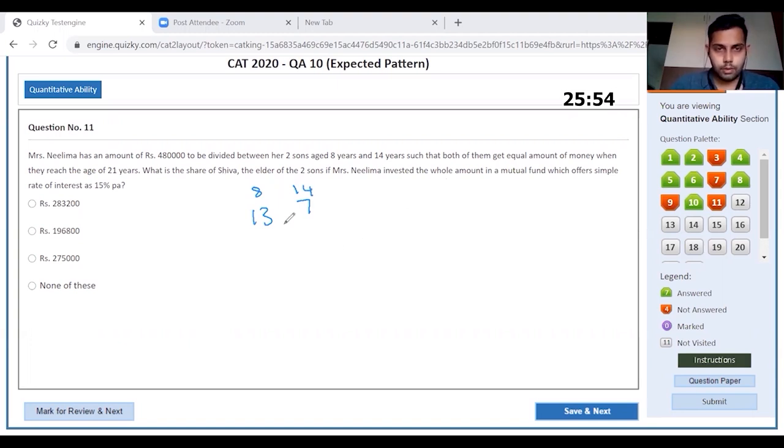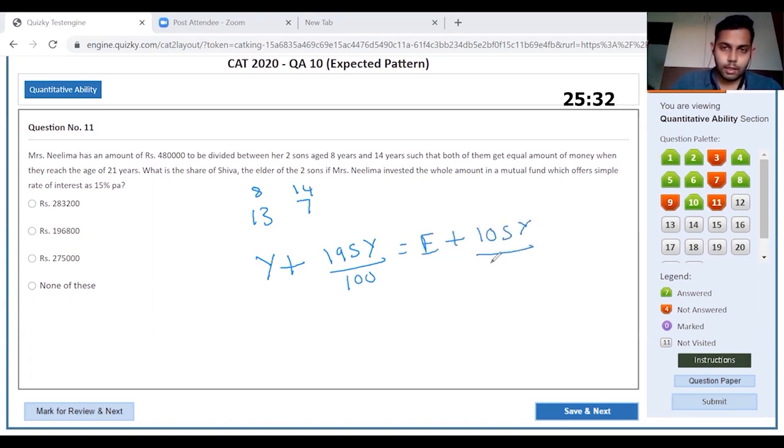Simple interest. Okay. So let's just do younger plus 13 into 15 is 195 times the principal upon 100. Since they're equal, elder plus 7 into 15, which is 105 times y upon 100. Okay.